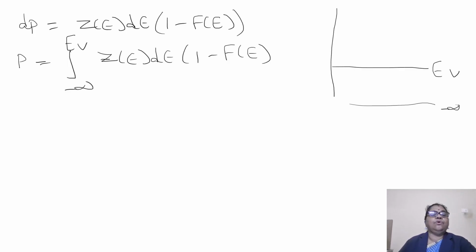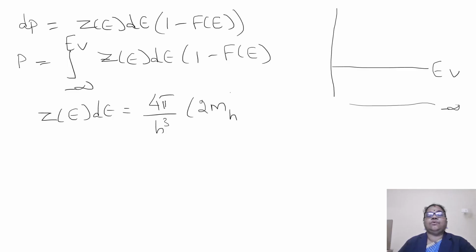First we need to know what Z of E dE is. In the same way, here we have 4 pi by h cube, and here 2 m h star, since we are concentrating on holes. That's why the effective mass of the hole is introduced here: 2 m h star to the power 3 by 2, multiplied by E to the power half.